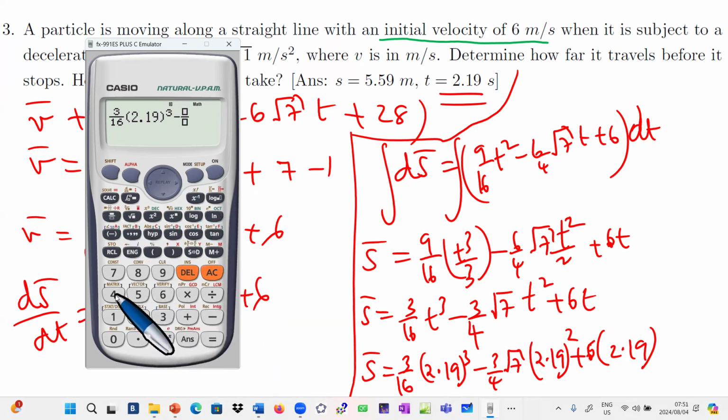So 3 over 16, then you have 2.19, you cube it. Minus 3 over 4 times the square root of 7 times 2.19, you square it.